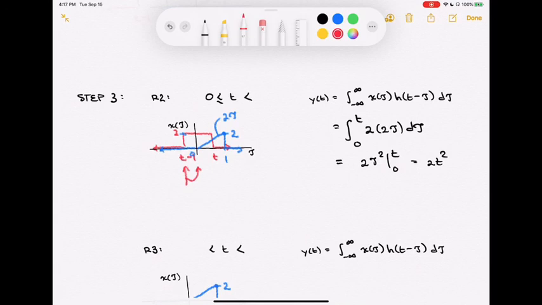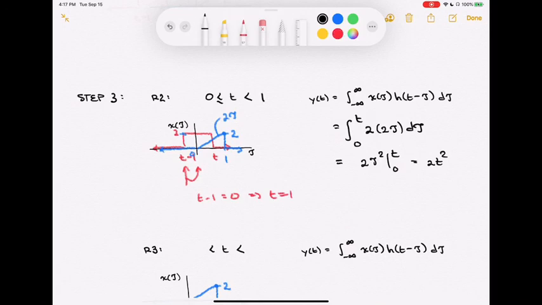So for as long as t minus 1 is less than 0, this region has that pulse entering. If I solve that through, I'm going to get t equaling 1. So this region is again going to be 1 unit in width.